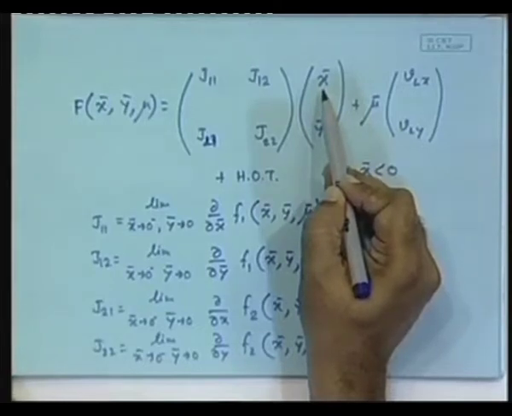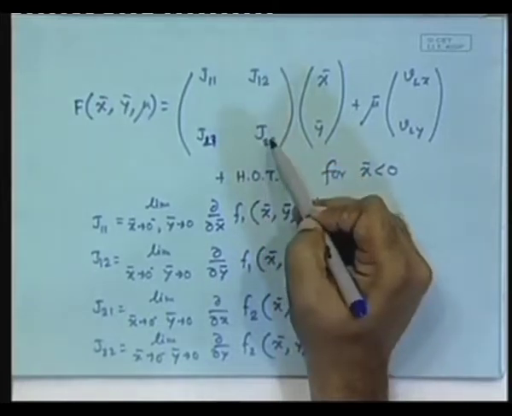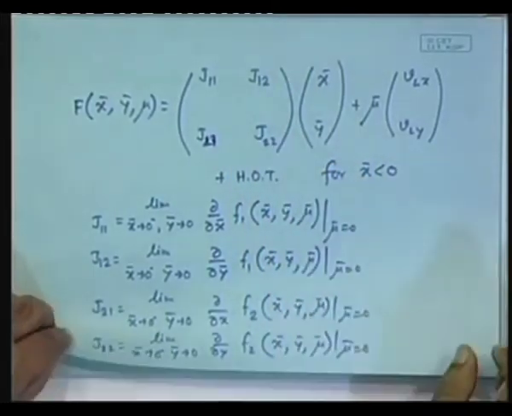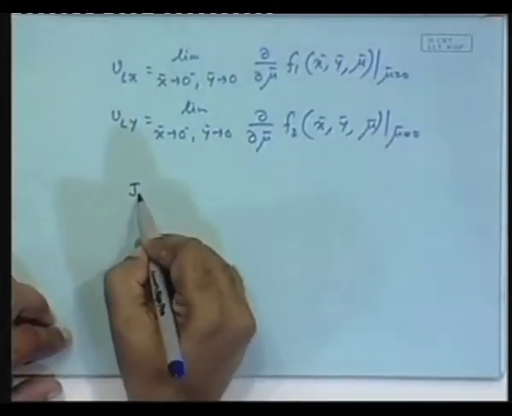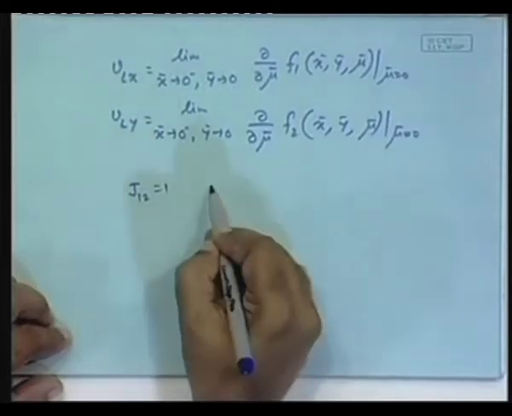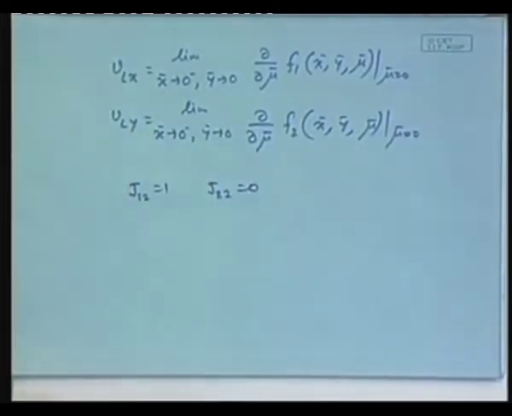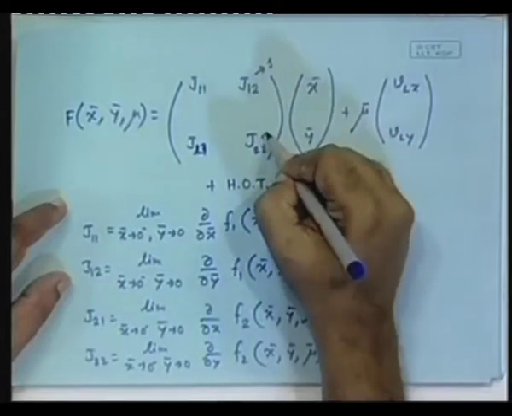So J12 is 1 and J22 has to be 0. The moment we have imposed that condition, we have actually imposed J12 equal to 1 and J22 equal to 0.